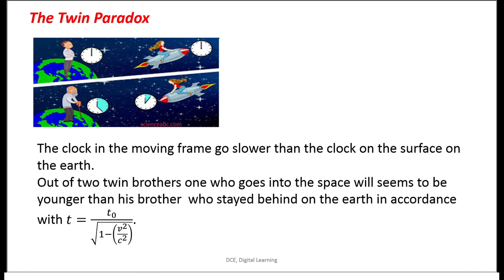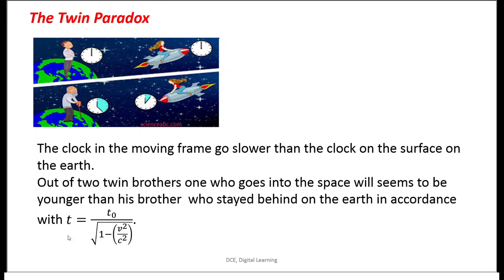Out of two twin brothers, one stays on the earth and one goes beyond the earth on a journey with a speed near the speed of light. The one who goes into space seems to be younger than his brother who stayed behind on the earth, in accordance with T equals T0 by square root of 1 minus V square by C square.